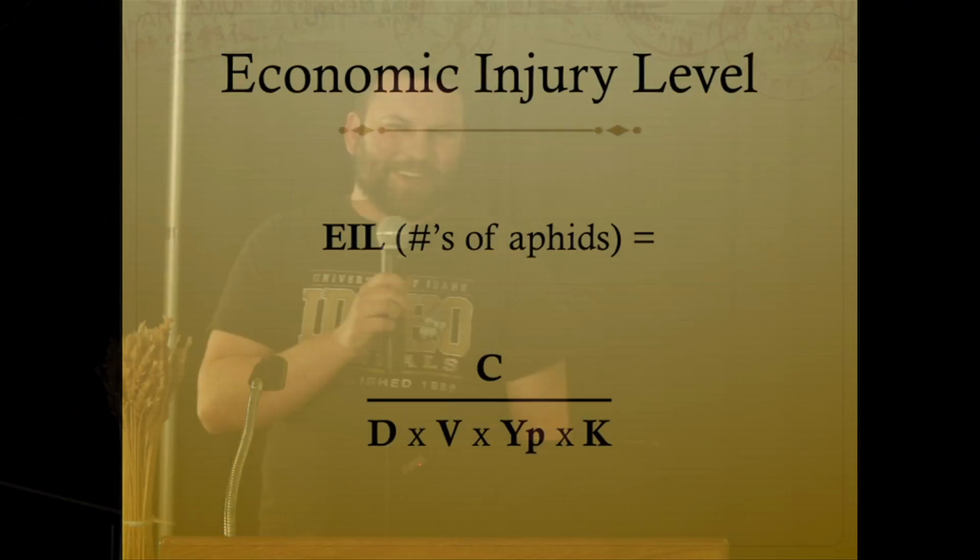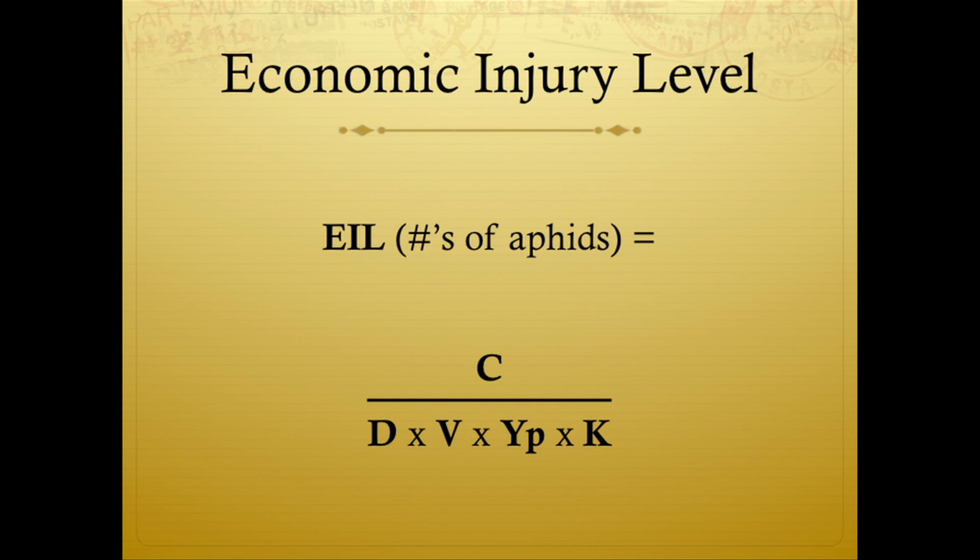Very important. Okay, so your economic injury level in numbers of aphids, typically per plant or sweep nets, is equal to C, which is the cost of controlling, that's purchasing and applying your insecticide, over D, that's the damage per aphid, times V, that's the value of your crop in dollars per bushel in this case.